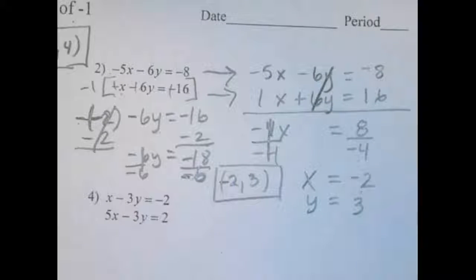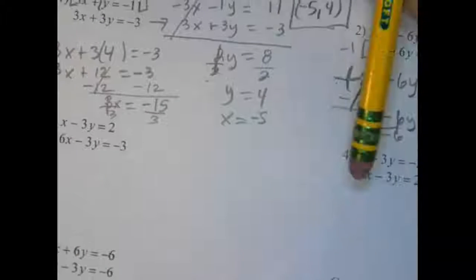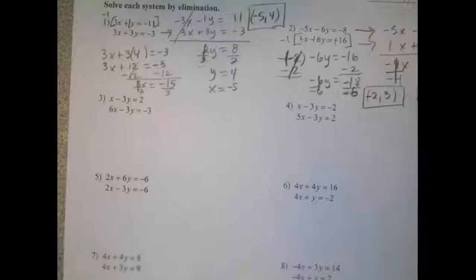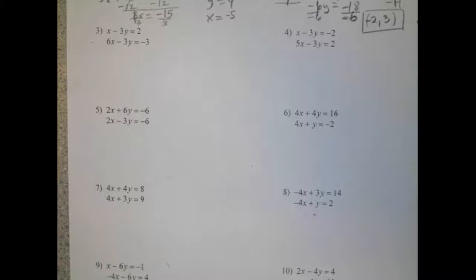Right? Does everybody understand? So let's do a quick rundown. Zoom out. So let's look at number 3. What am I going to eliminate? The what? X or Y's? Say it louder.